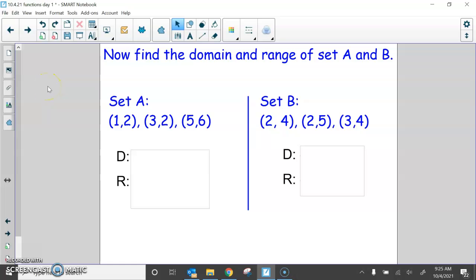So now we're going to find the domain and range of set A and B. So domain are your x values and range are your y values. It doesn't matter if it's a function or not, we can still figure out the domain and range. So for set A, 1, 3, and 5 are going to be in the domain.